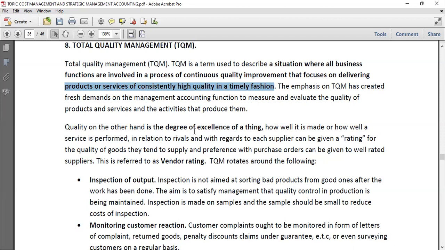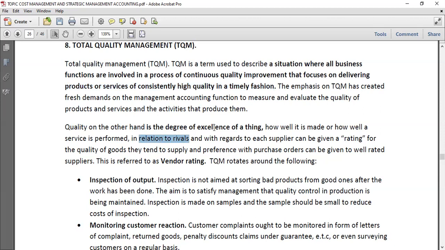Okay. So when it comes to quality, if you're defining quality, quality is just the degree of excellence of anything. Okay, basically how well it is made, how it is performed, but also quality is from the perspective of the customer, because the quality of the product means that the product can actually meet the satisfaction of the customer. Okay, so that is very good to understand.